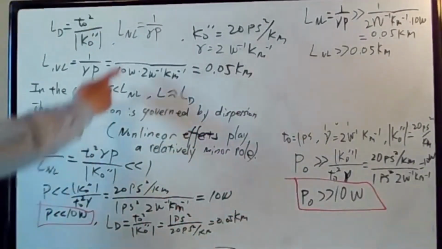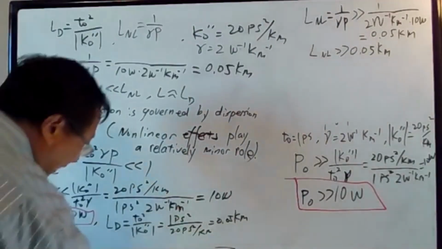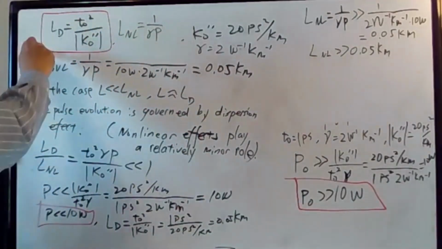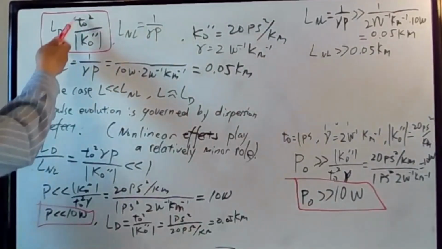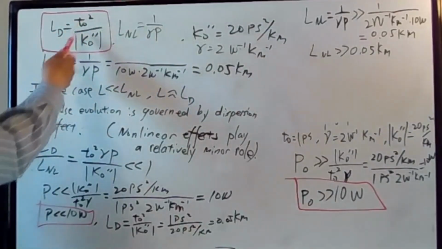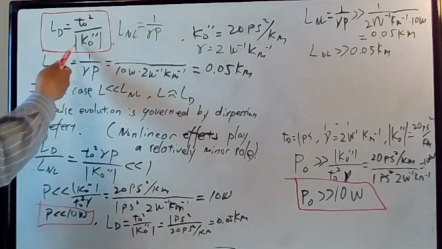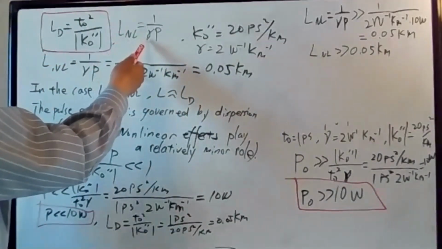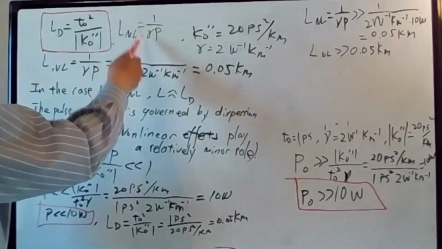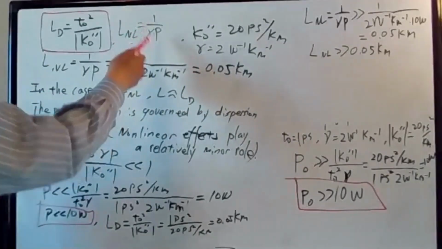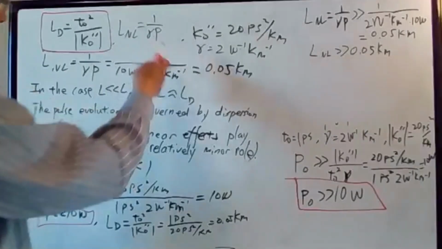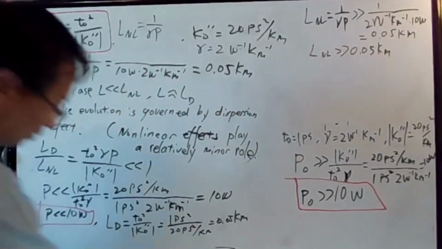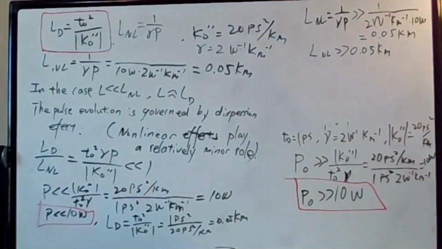It is dominated by the pulse width and how much dispersion there is in the optical fiber. The nonlinear effect is dominated by the nonlinear coefficient gamma and the power P or P naught, but they're the same, right?